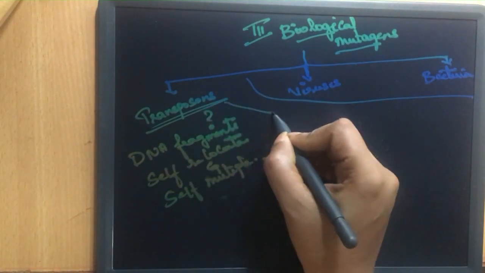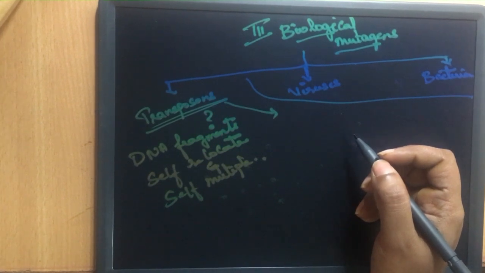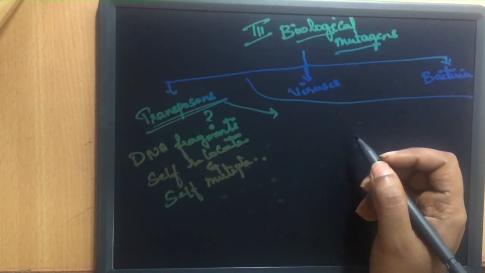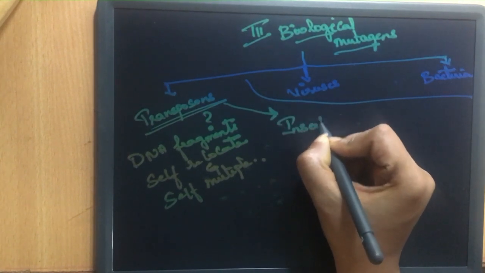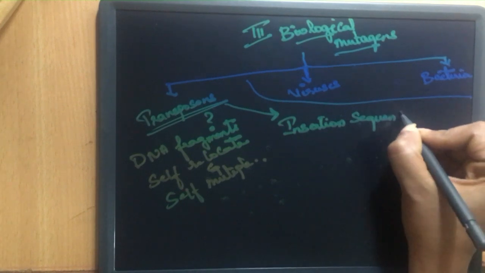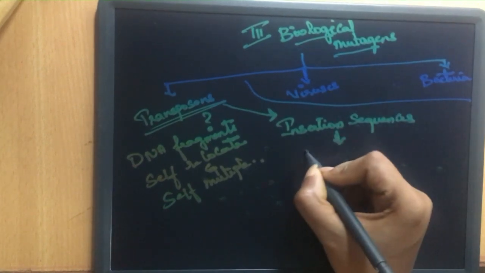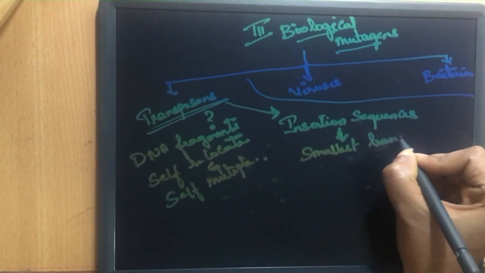So now let's look at the transposon itself. These are also called insertion sequences. These are the smallest transposons.